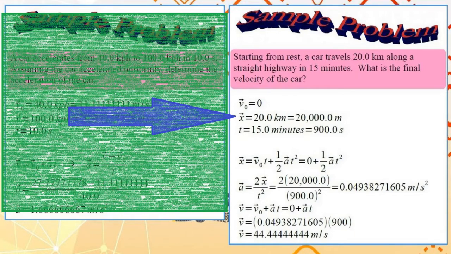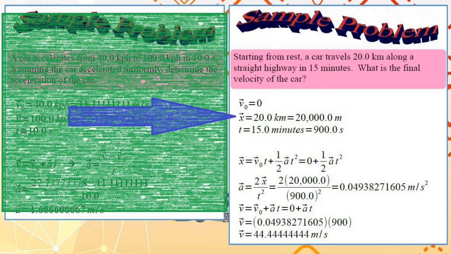The car travels 20 kilometers along a straight highway, taking initial position to be the origin or the 0 position. So initial position x naught is 0. Taking again positive direction, the final position x is positive 20 kilometers. That gives us 20,000 meters.